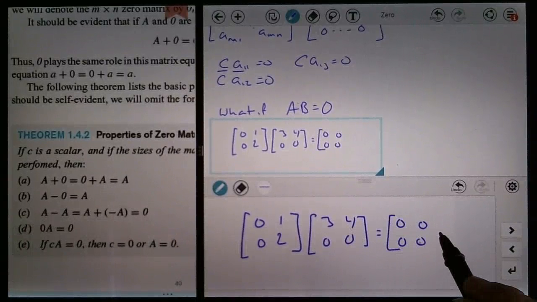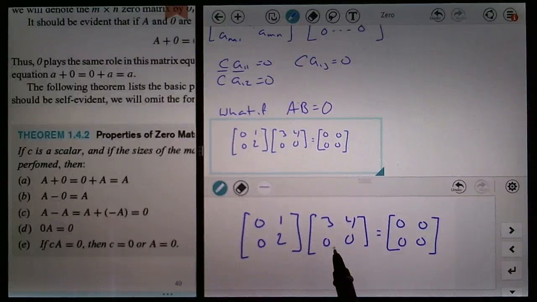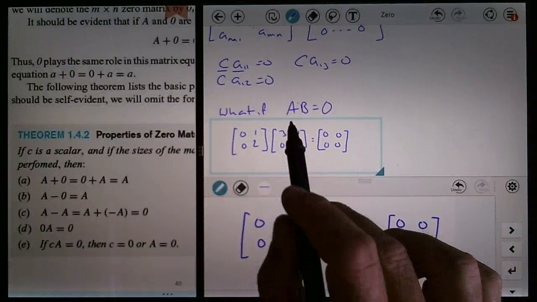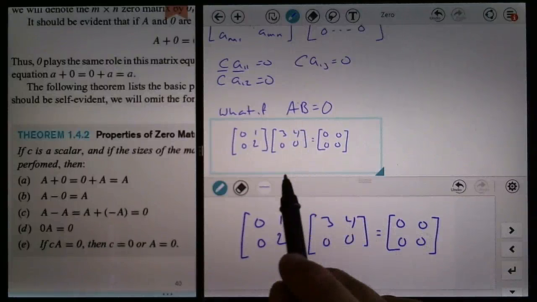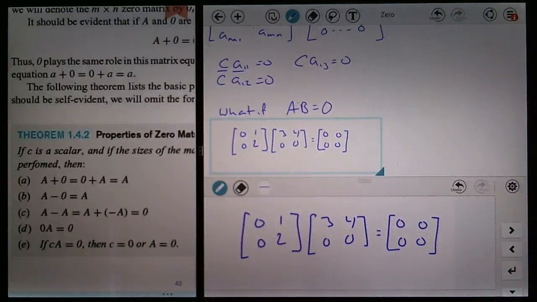So here's a situation where I've got two 2x2 matrices that are definitely not 0 matrices. They've got different numbers in there, but their product is equal to 0. So just because you have a product of matrices equaling the 0 matrix, it doesn't mean that one or the other is equal to the 0 matrix. Okay.